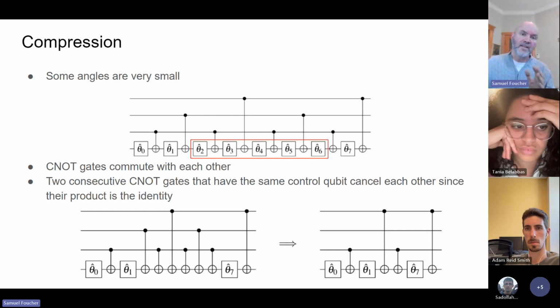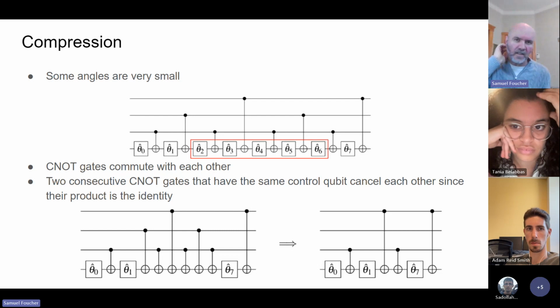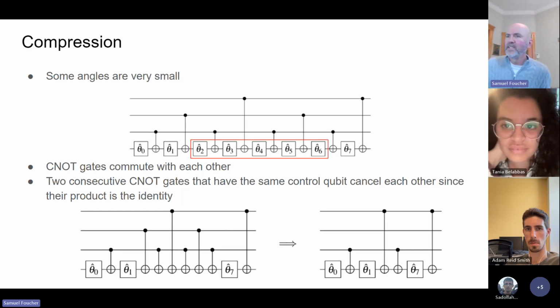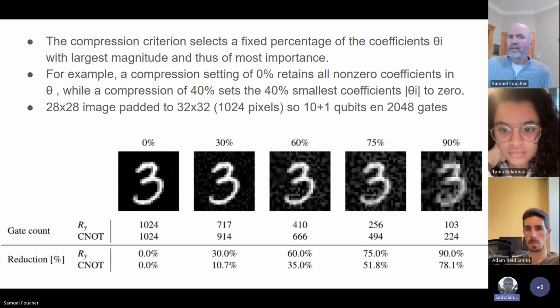If we put all the similar pixels together first, there's a better chance to compress the circuit also. So I have more questions than answers after the paper. Thank you. You're welcome.